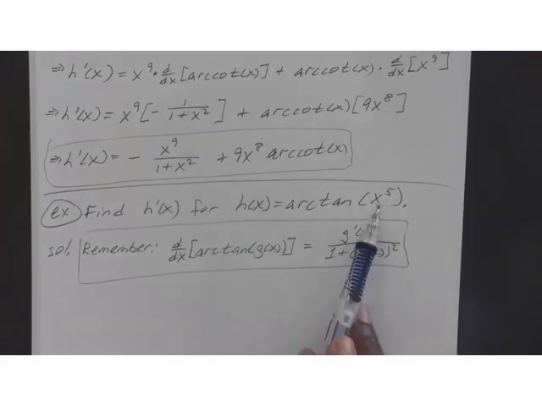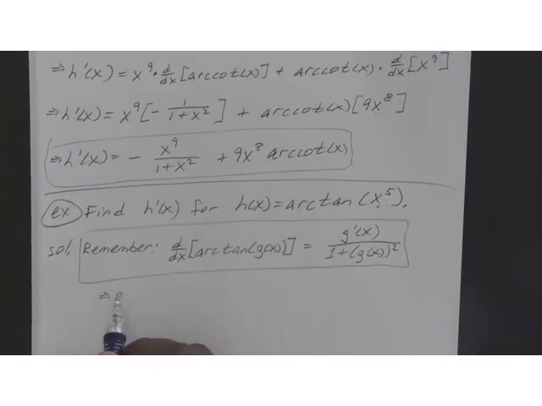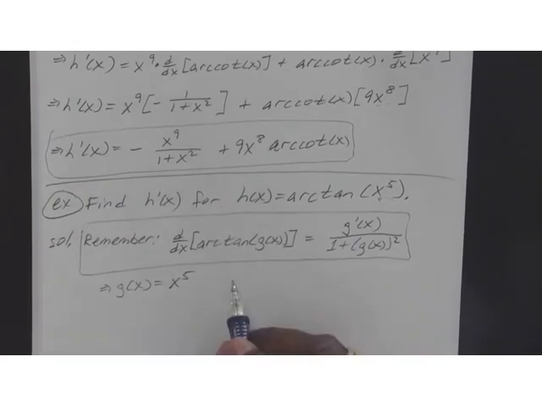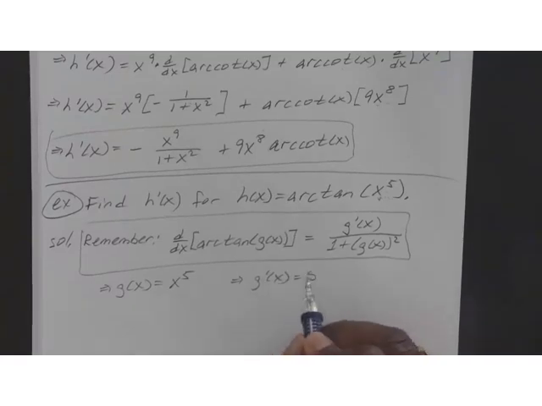Okay. So for this one, our g of x is x to the 5th power, which means our g prime of x is 5x to the 4th power.